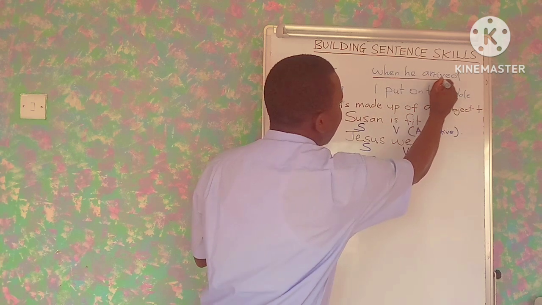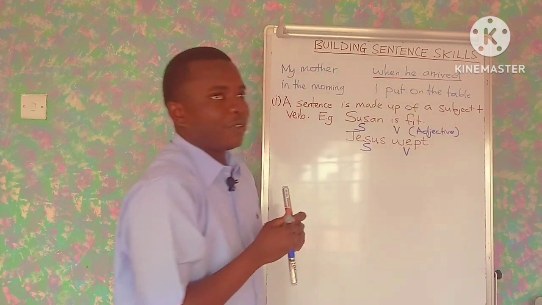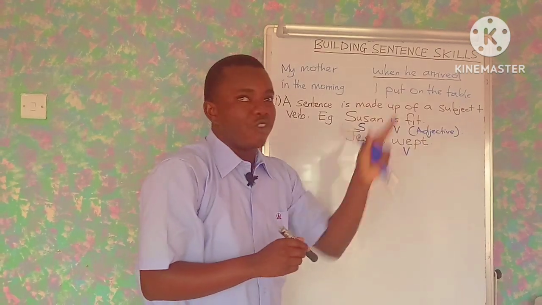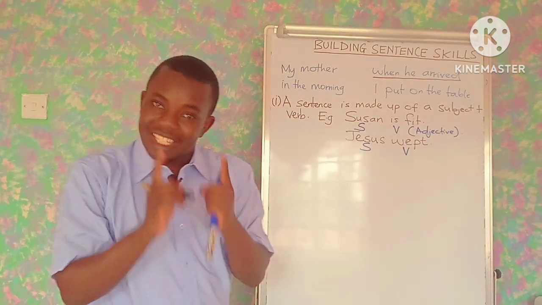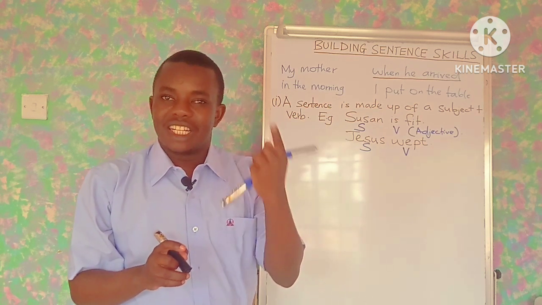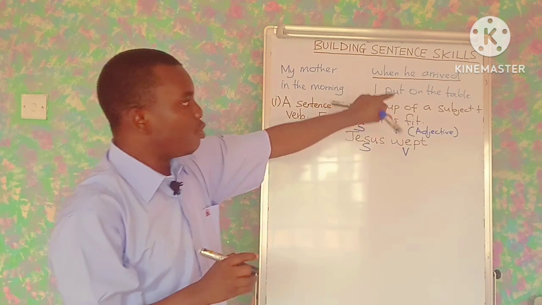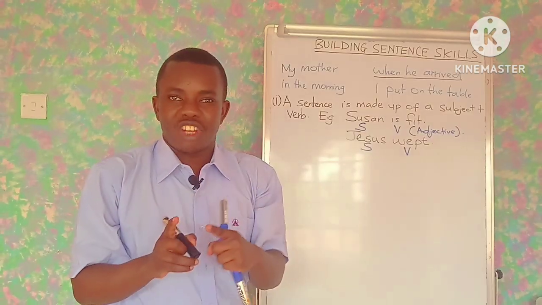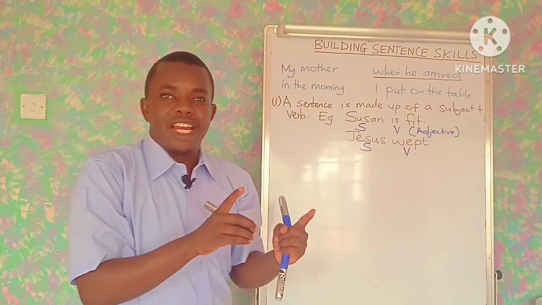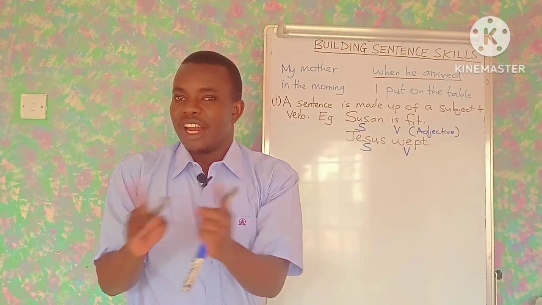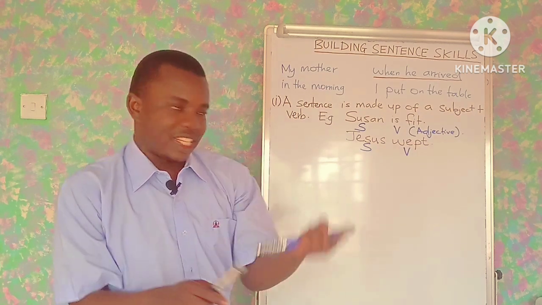When he arrived, there is a subject there, he, and at the same time verb arrived, but still it doesn't make sense. So what we do in such cases, for the sentence to make sense, we add another part, another group of words to that sentence.